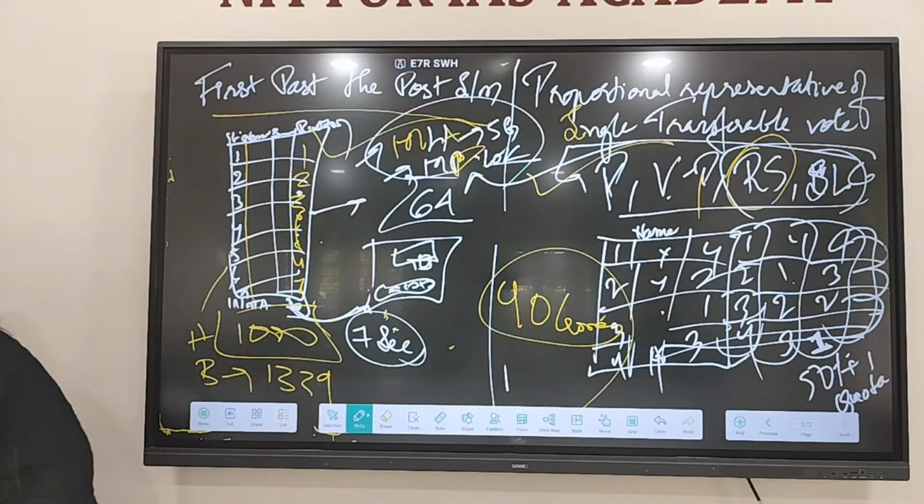EVM machine was introduced in 1982 for the first time (trial in Kerala).